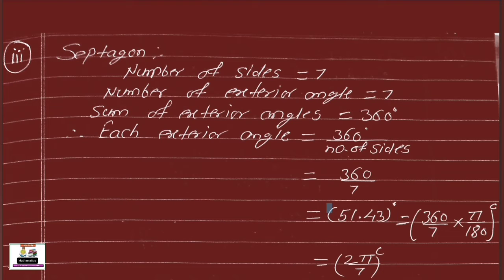This is in degrees, and this angle convert into radians. Here this angle is in degrees, 360 degrees upon 7 multiplied by pi by 180 radians. Then the calculation is 2 pi by 7 radians.